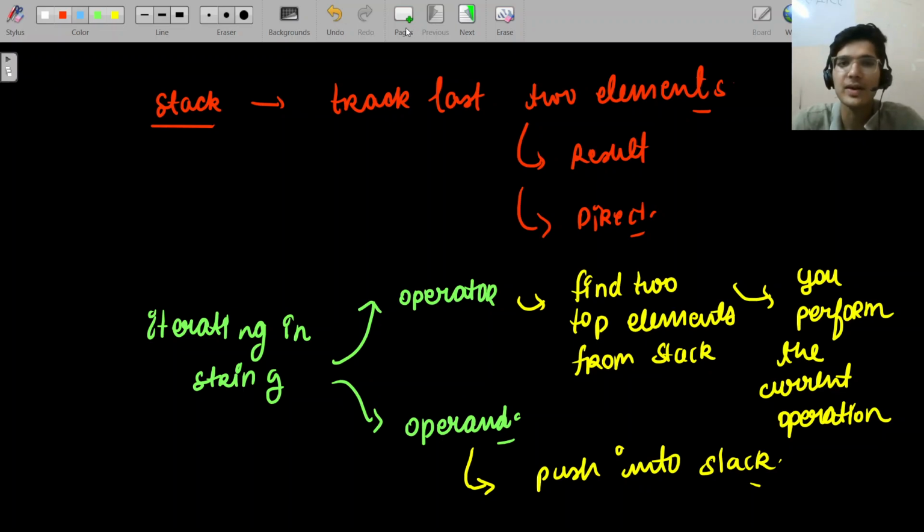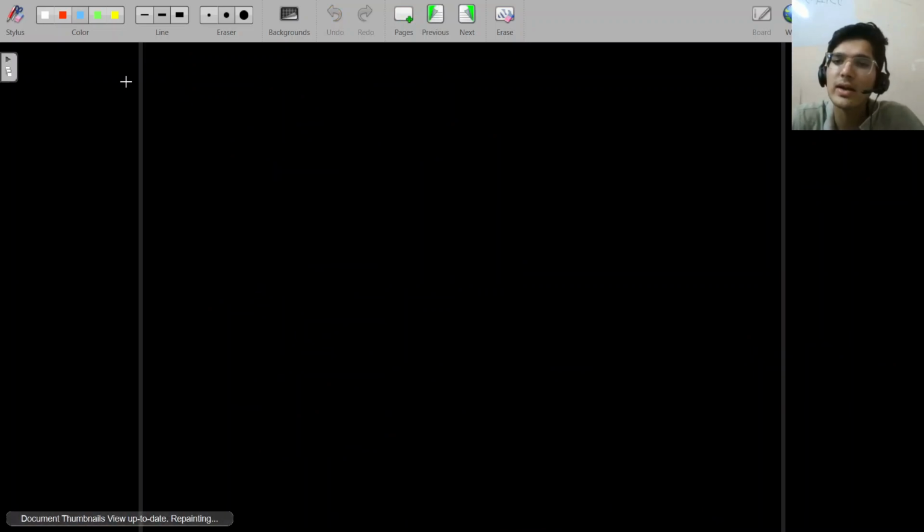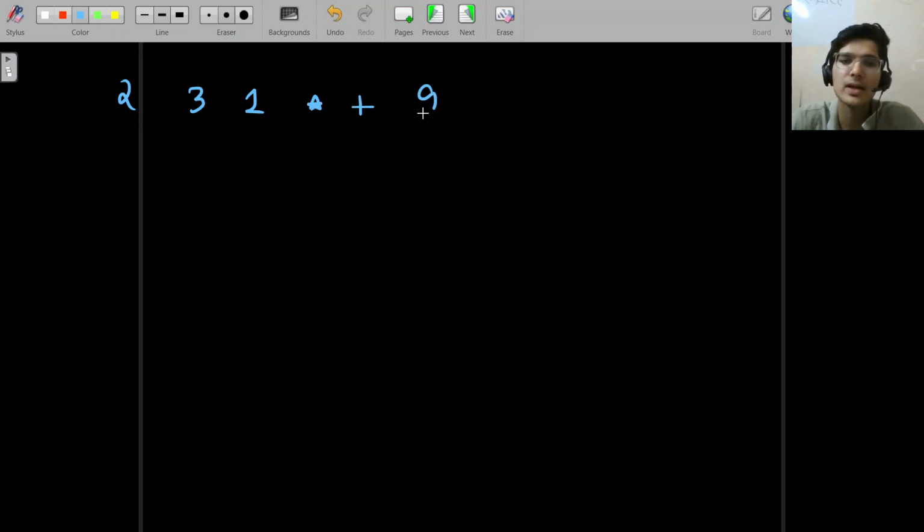Let's try to see with the help of an example: 2 3 1 star plus 9 minus. And we'll also see what we do when we have a similar case like this with minus, and the order.